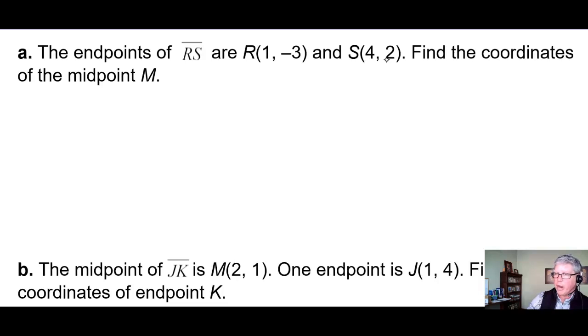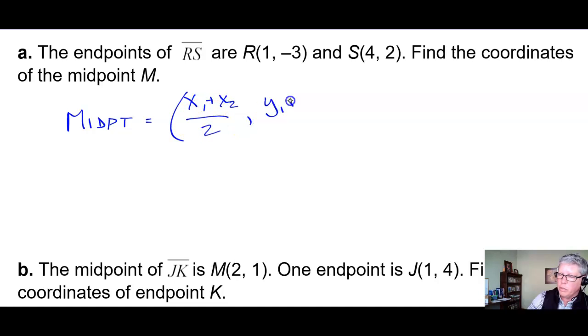All right, so you can always graph it and find it graphically, but we're going to use our midpoint formula. x1 plus x2 over 2 and y1 plus y2 over 2.